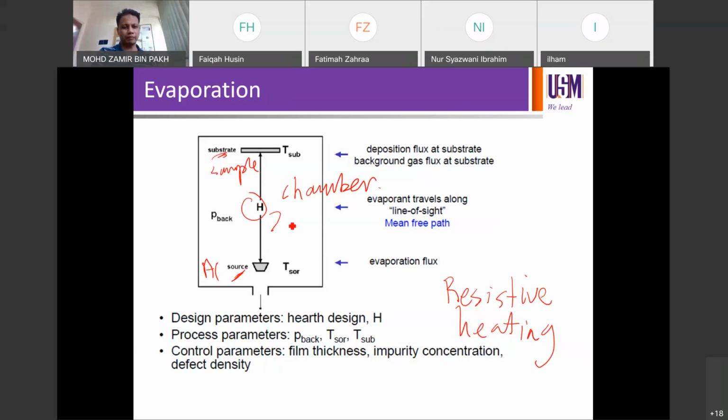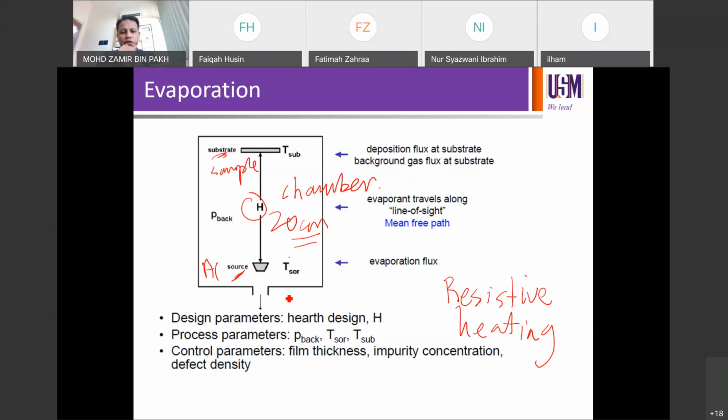It depends on the chamber itself, the size of the chamber. It can be longer than that, it can be shorter than that. But more or less, it's somewhere there. Memberi panjang pendek sikit kot. So 30 cm, less than 30 cm.